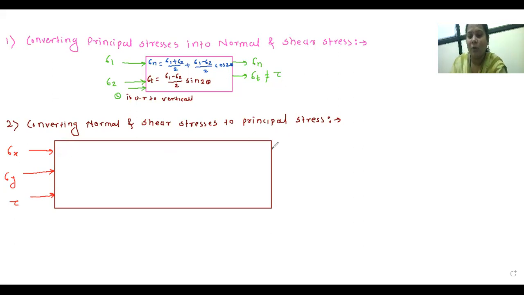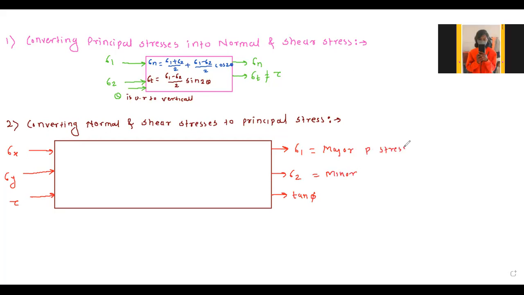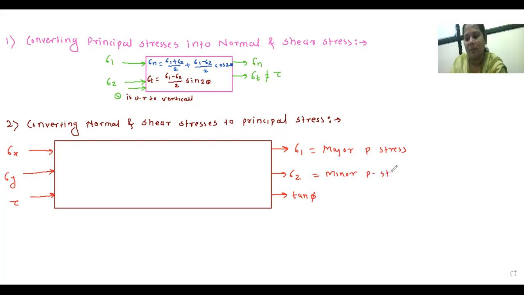From that, we have to find out sigma 1, sigma 2, and tan phi, that is the location. Sigma 1 means the major principal stress, sigma 2 is the minor principal stress, and the location of those two stresses.